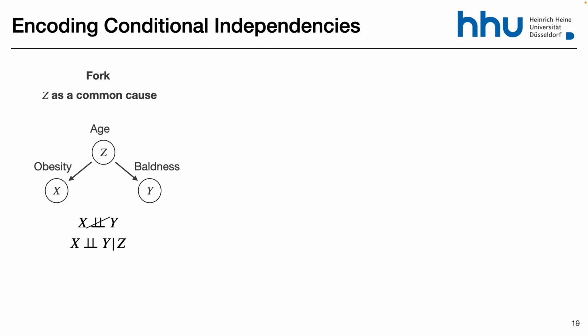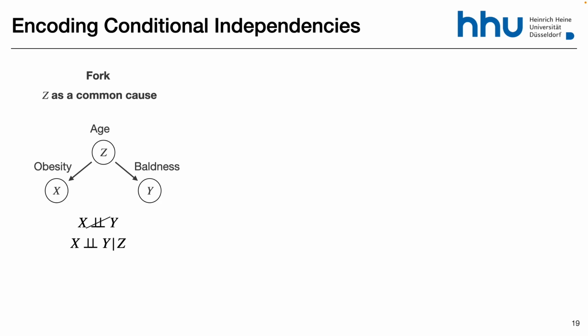So in this example, I give here that obesity and baldness are correlated marginally. But when you condition on age, they become independent. So it's intuitive. Like you see people that are both obese and bald, you basically see them happening together.